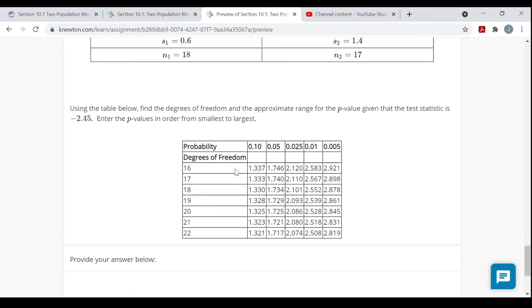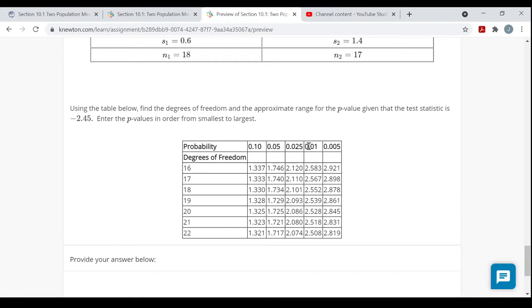Now positive 2.45 is between 2.120 and 2.583, between these two. So that means the area to the right of positive 2.45 is between 2.5% and 1%, or 1% and 2.5%.